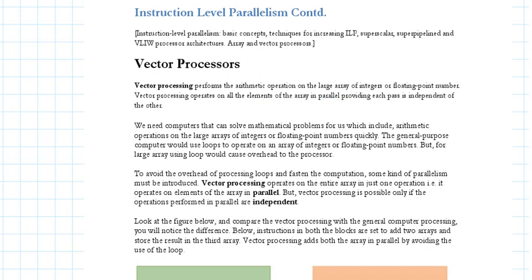That means operations on different array elements will be done parallelly, but there is a condition. This parallel operation will be possible providing each pass is independent of the other.